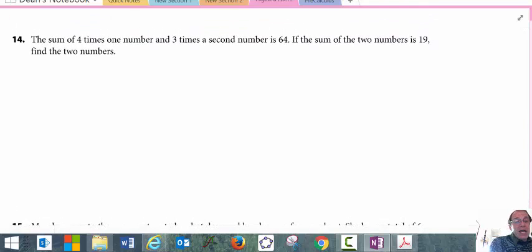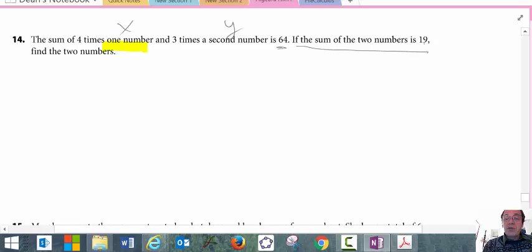Let's do one more like that, number 14. You have to read the question carefully. It says the sum of 4 times one number, let's call one number x, and 3 times a second number, let's call that one y, is 64. It says the sum of the two numbers is 19. Okay, that's easy.